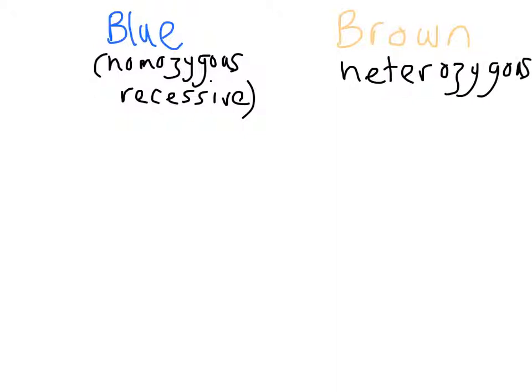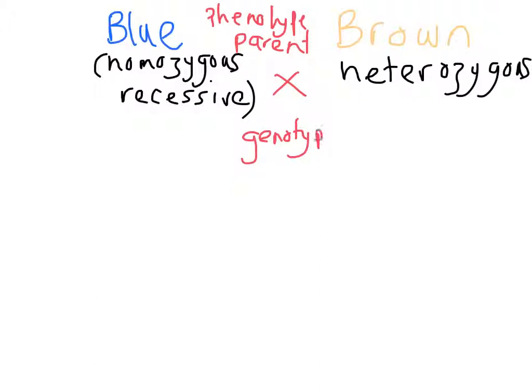Okay, so this is the phenotype of the parent. So we're timesing those together. So the genotype for the parent, so remember homozygous recessive, so we've got two lowercase b's, and remember we've got heterozygous, so we've got one dominant and one recessive allele.